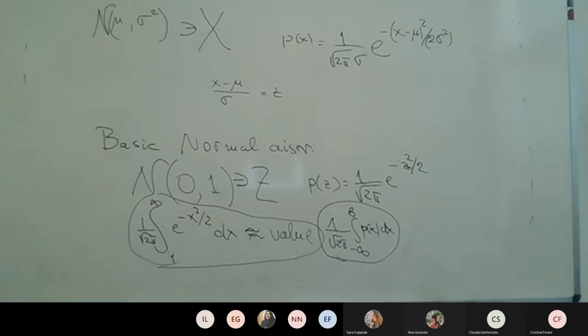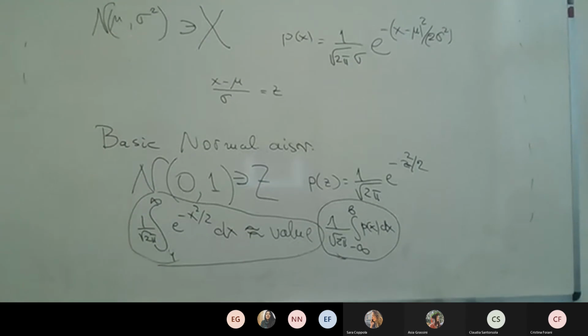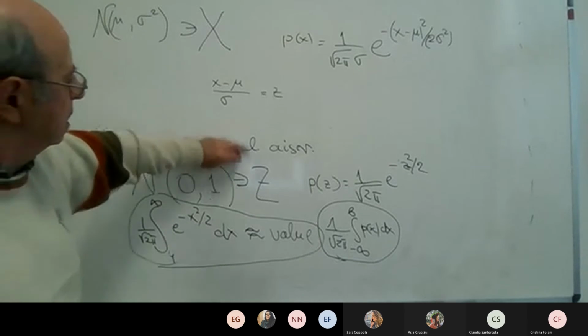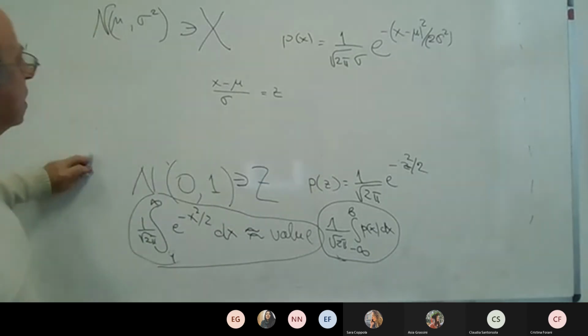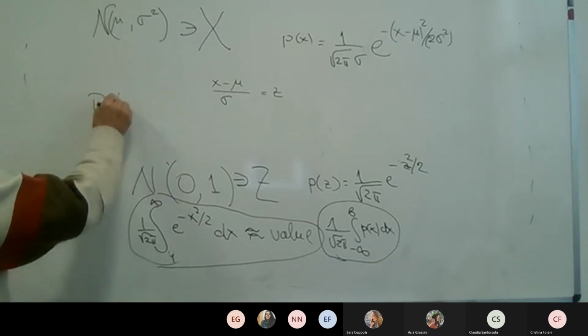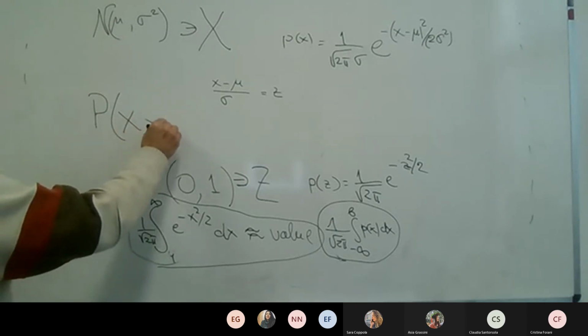In fact, the exponent can be transformed this way. And for example, what can we say about our calculation: what is the probability that x is bigger than 10?